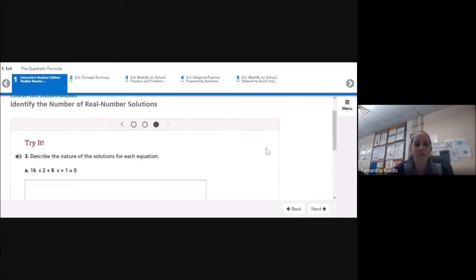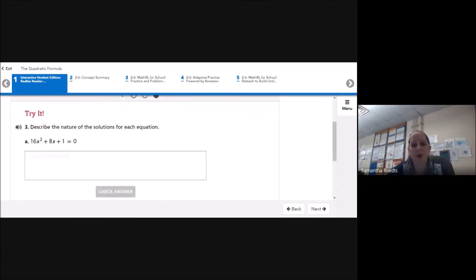All right, so let's try it out. Describe the nature of the solutions for each equation. 16x squared plus 8x plus 1 equals 0. So I want the radicand, b squared minus 4ac. So b is 8.